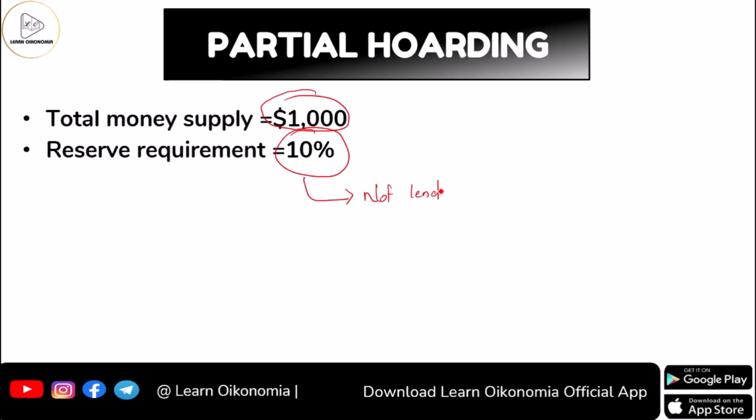Instead, the bank keeps it as reserve. This is the scenario: the total money is $1,000 and the reserve requirement as per the central bank is 10%. The central bank has the right and authority to instruct the commercial bank to keep a particular level of reserve requirement. That is, after the total deposit received, the commercial bank has to keep 10% of it as reserve.